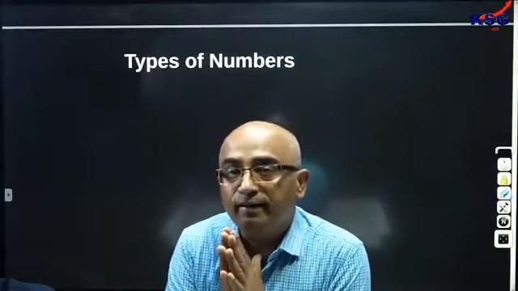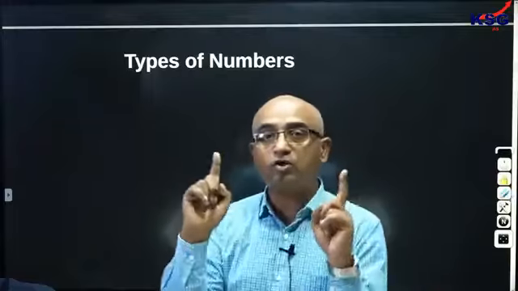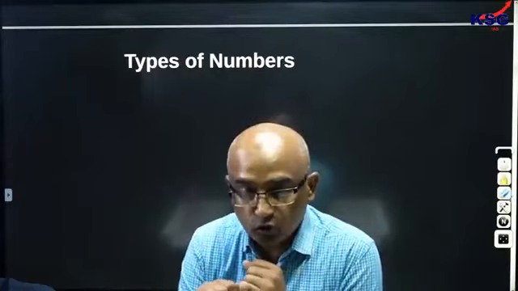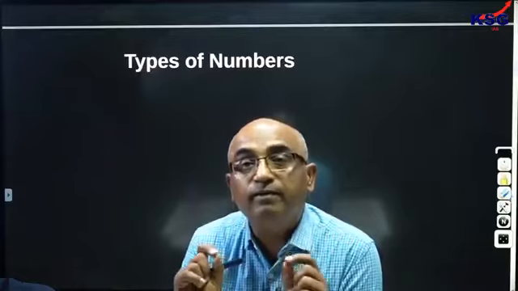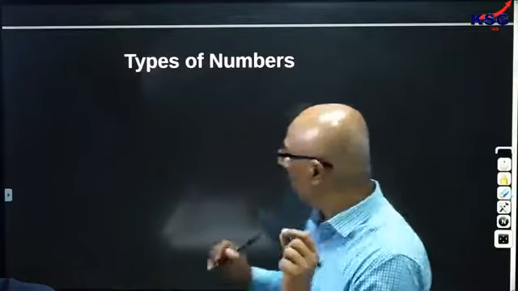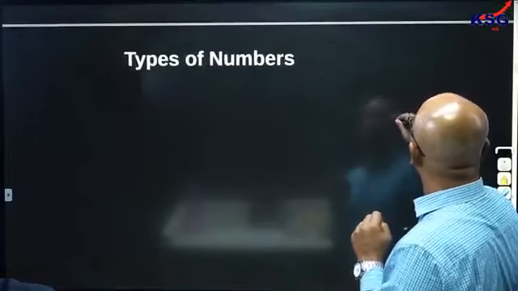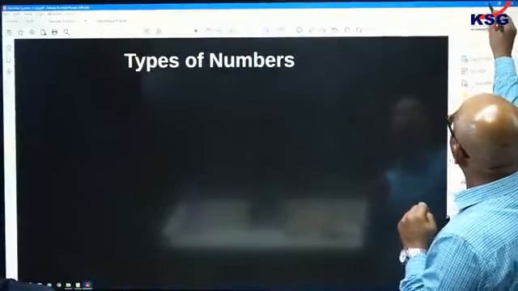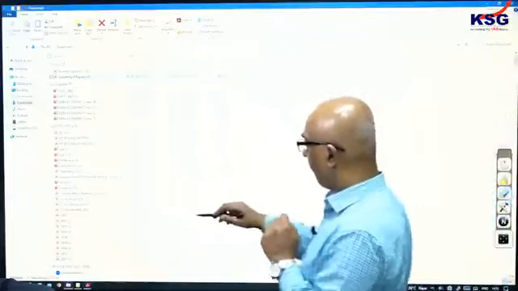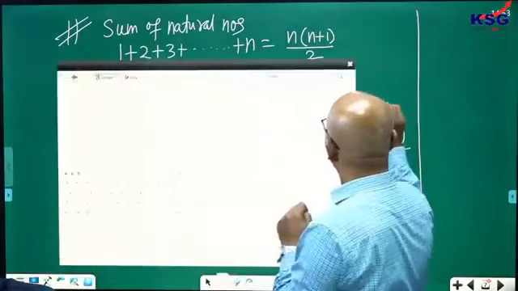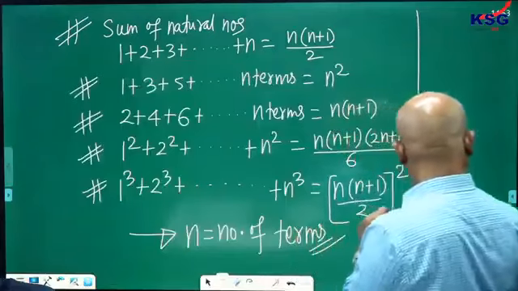Remember one thing, the first topic was types of number and digits. So before starting questions, please write about digits also. Write one more small theory and then we will start practice of questions.